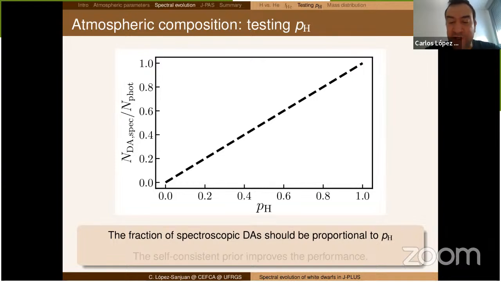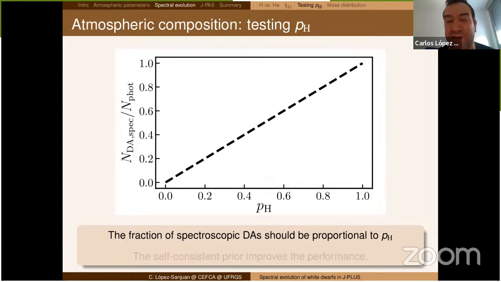If you have 100 objects with a pH of 0.5 and then you take spectra, if your probabilities are good, are reliable, then half of the objects are going to be DAs, so hydrogen dominated, and half of the objects are going to be non-DAs.